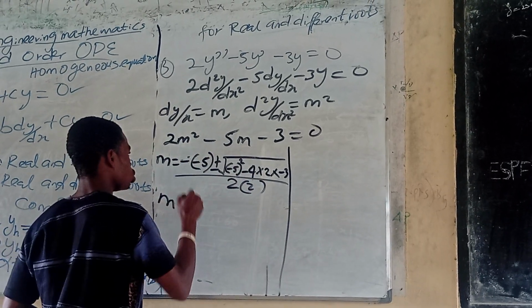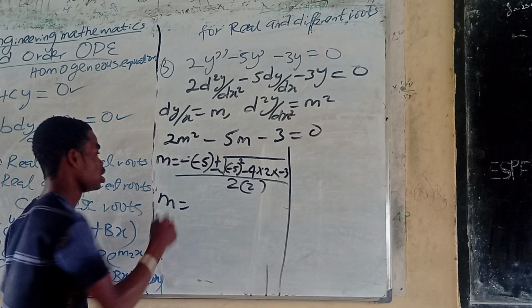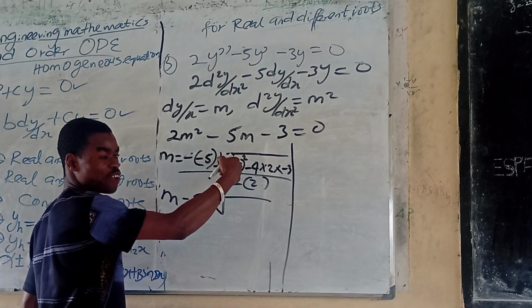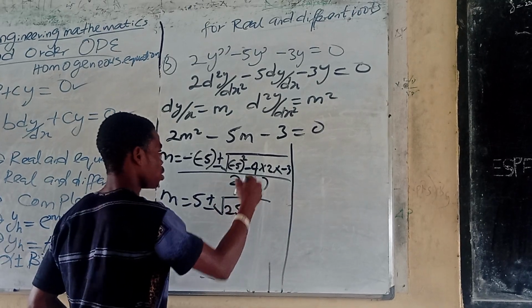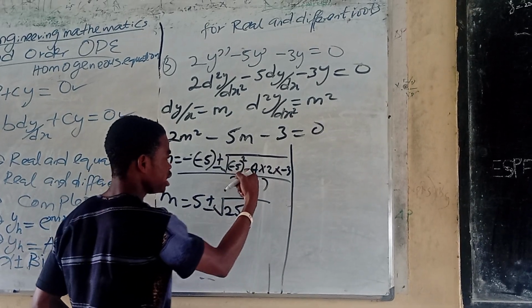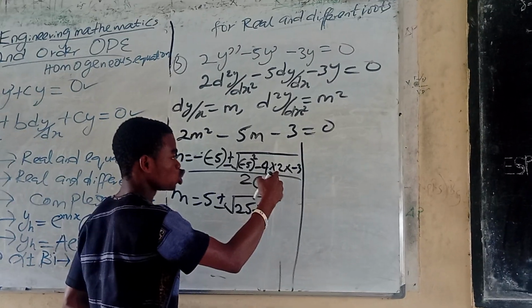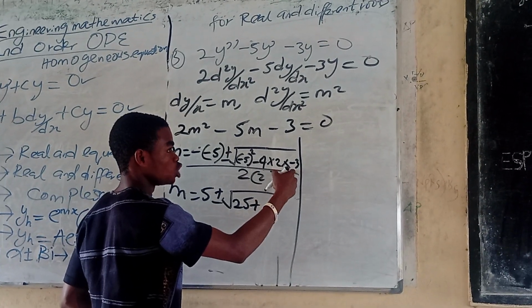So m equals minus times minus is plus, so 5 plus or minus the square root of 25 minus 4 times 2 times minus 3. This minus and minus becomes plus.